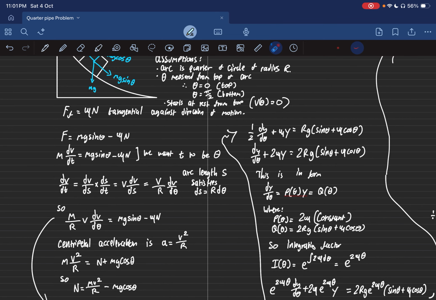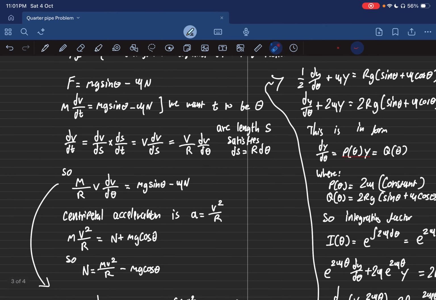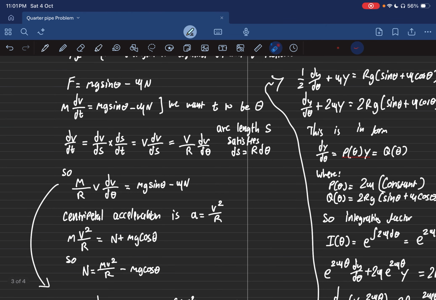But we want t to be theta, right? We said it's t because it's acceleration, but we're not looking at it in terms of t, because we're not concerned about the time. We're concerned about the angle it follows through. So some basic chain rule: dv by ds times ds by dt, and ds by dt is just v.